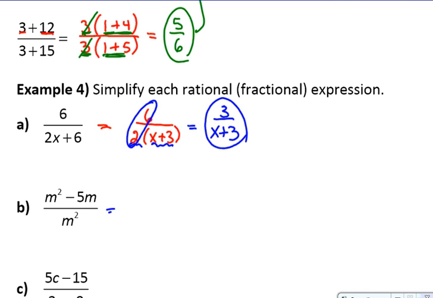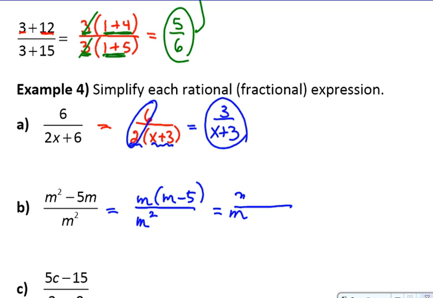B, now factor the numerator. m times m minus 5, divided by m squared. The m's then will cancel. I have one m on the top, one m on the bottom. So I'll divide out that clever 1, and I'm left with another m in the denominator here. So m right there.